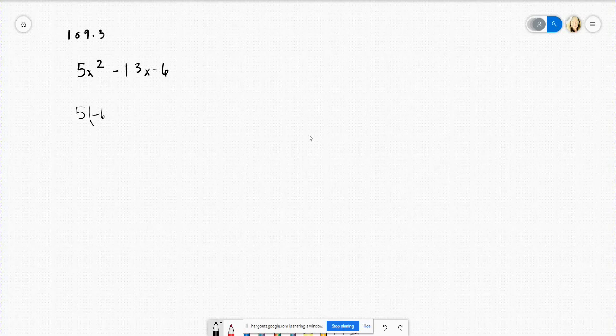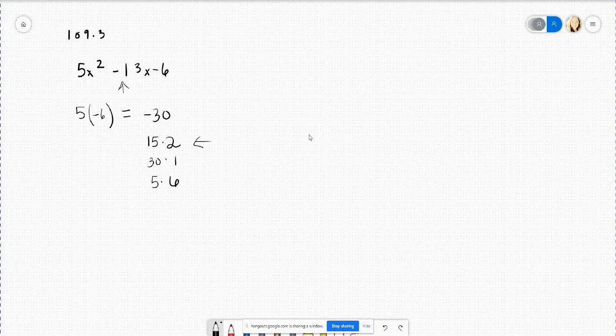The sign, right. So now we need to see what are the factors of 30. So we've got 15 and 2, we've got 30 and 1, we've got 5 and 6. Okay, which of these would, if we added them together, give us a negative 13? Okay, so we're going to use this one.